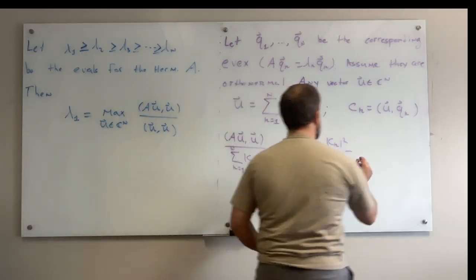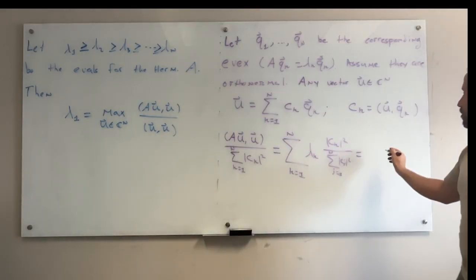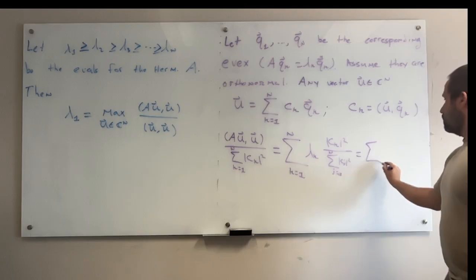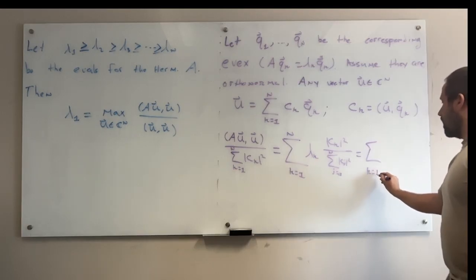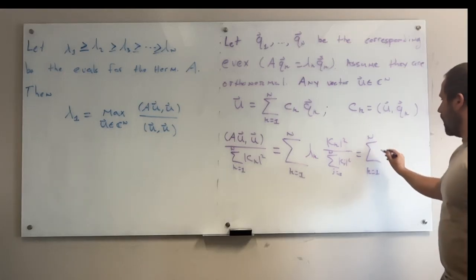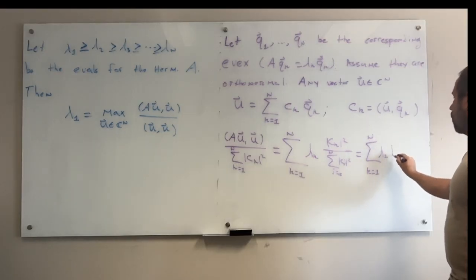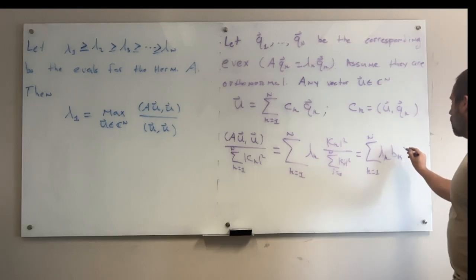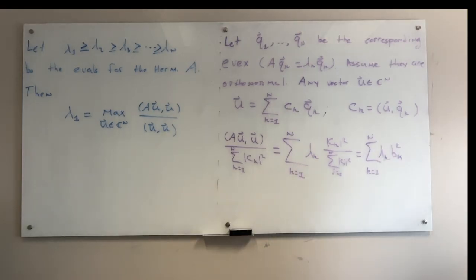So I'm just going to call those numbers bk squared. So we're going to have the sum k equals 1 to n, lambda k, bk squared. Okay.